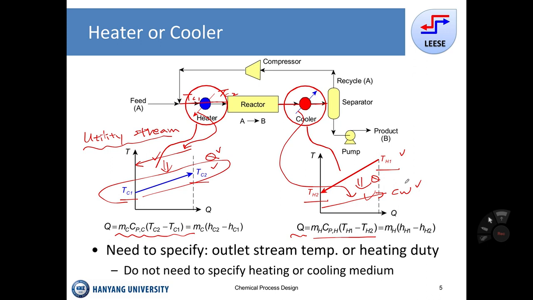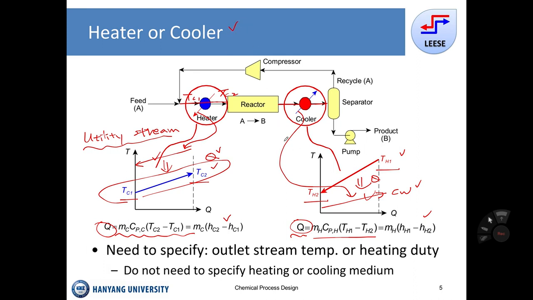Okay, so cooling water and steam have not been expressed in the equation. We just estimate based on the process stream for the cooler and the process stream for the heater, in order to estimate Q for the steam and Q for the cooling water. Okay, so that is a simple way of simulating the heater and cooler.